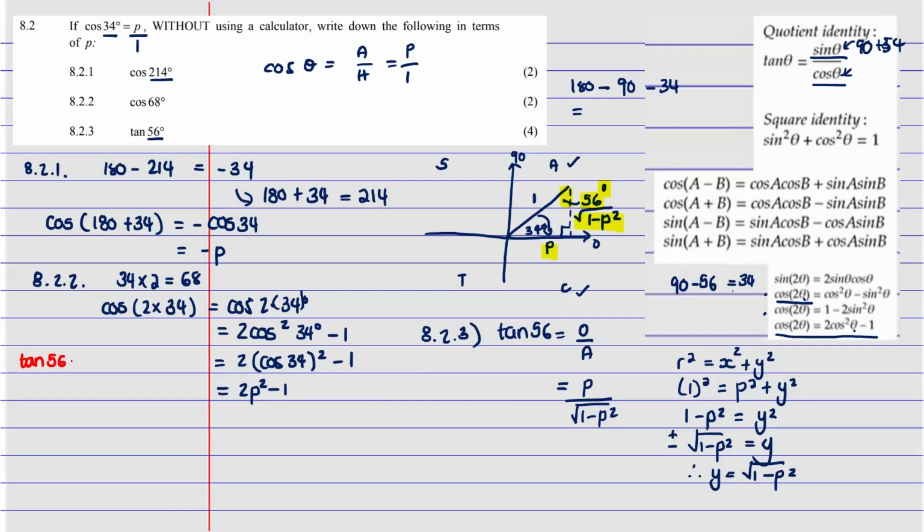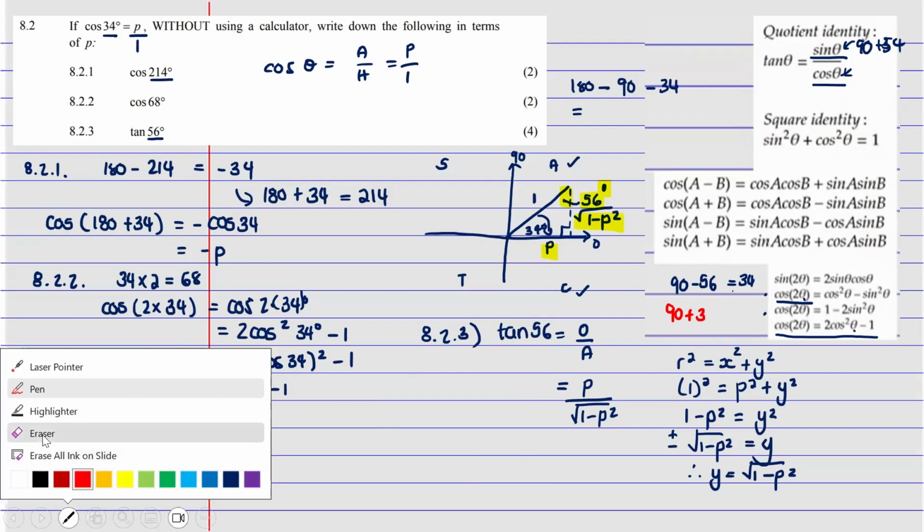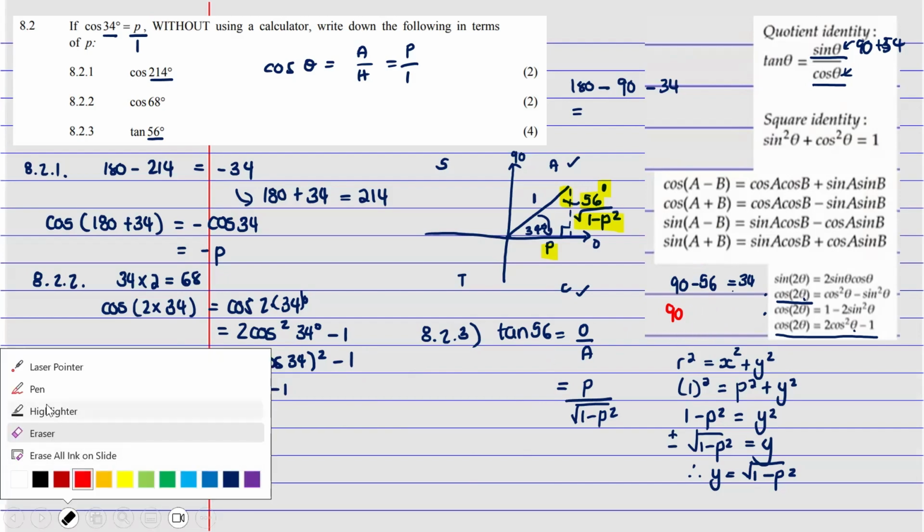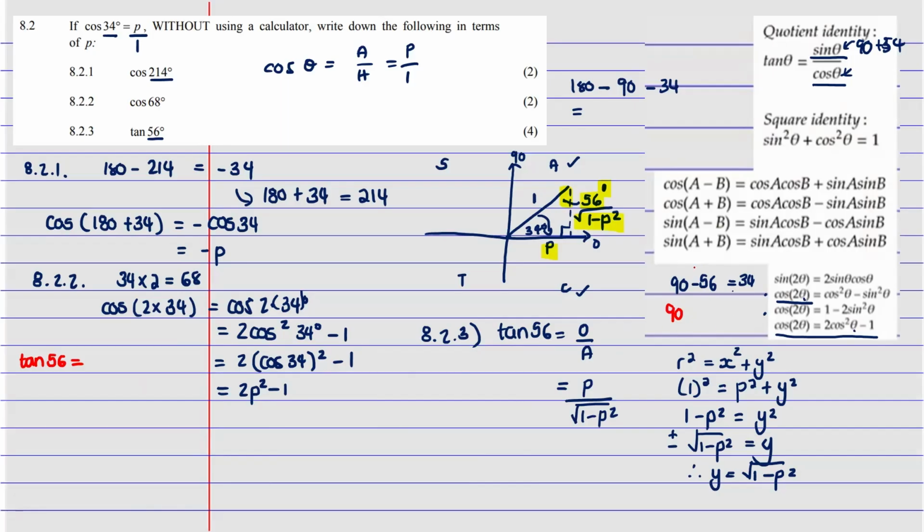tan 56 can be written as, remember I said, if I say 90 minus 56, I'm going to get 34, which is great.